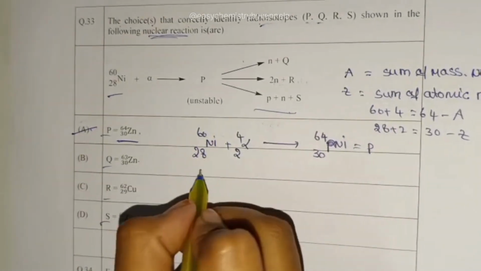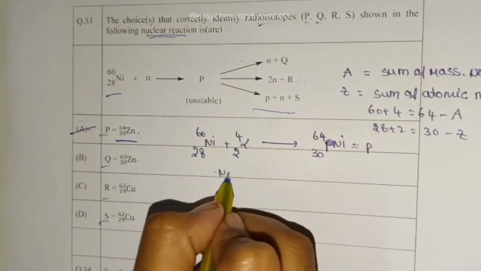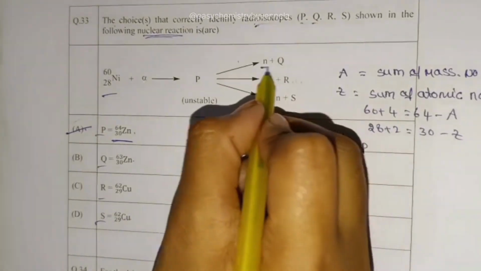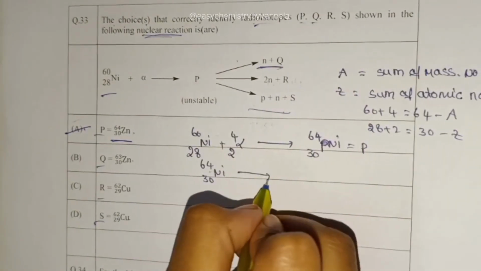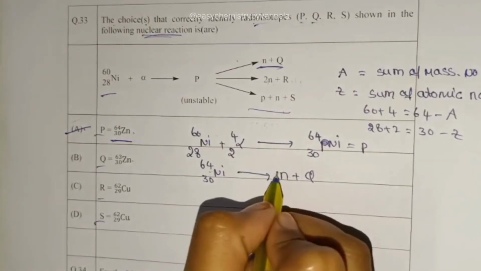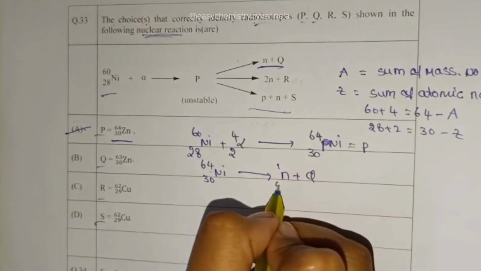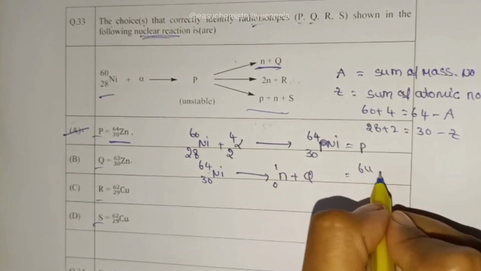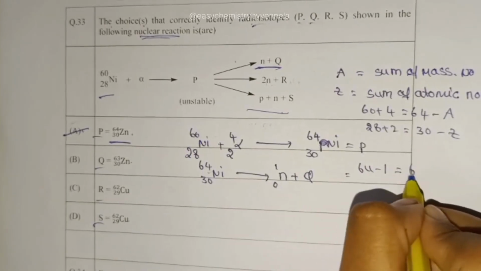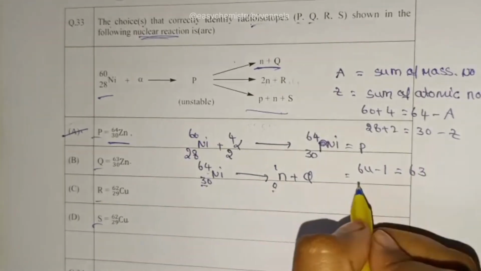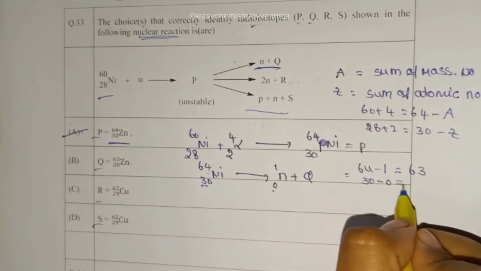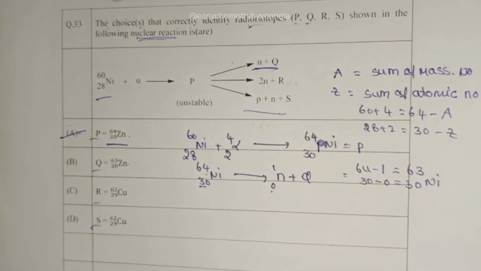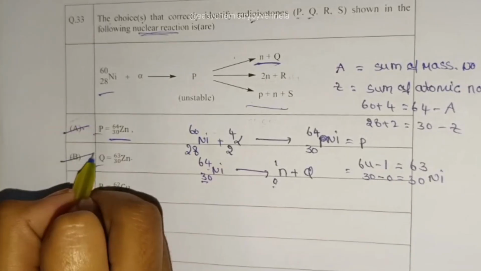Next. Here nickel 64 and 30. Next is N plus Q. Here N is neutron, 1 and 0. Here 64 minus 1 is equal to 63. Here 30 minus 0 is equal to 30. 30 means nickel. So B is also right.